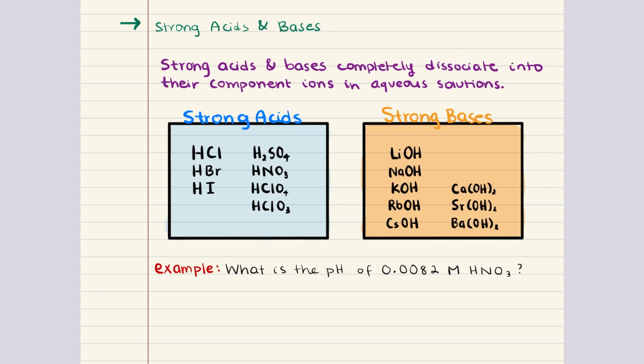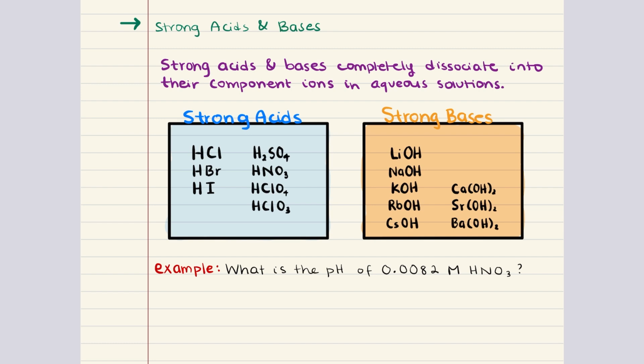Strong acids are characterized by their ability to completely dissociate in water, releasing a high concentration of hydrogen ions. And this complete dissociation is what makes them strong acids. Strong bases are compounds that completely dissociate in water to release hydroxide ions. And again, this complete dissociation makes them strong bases.